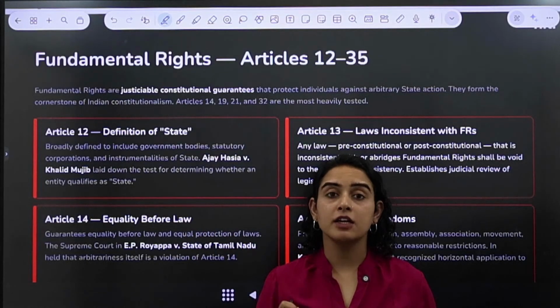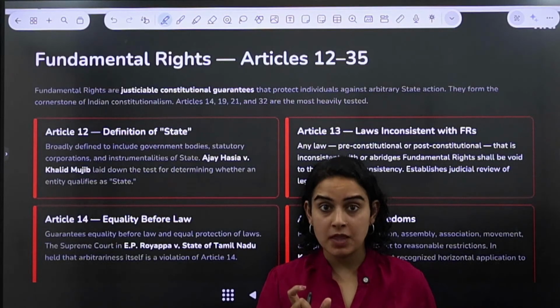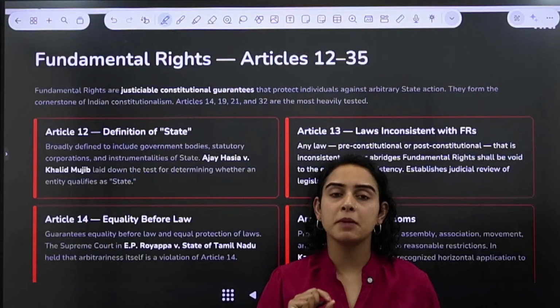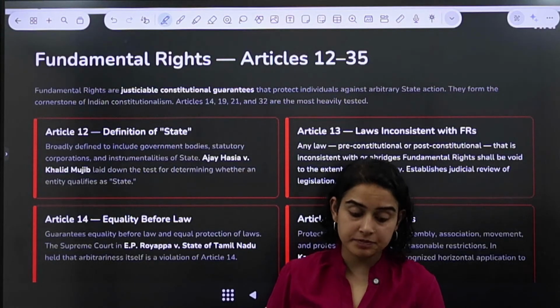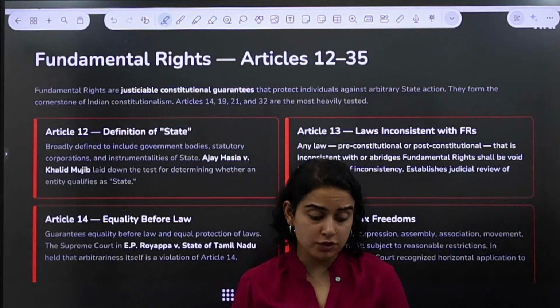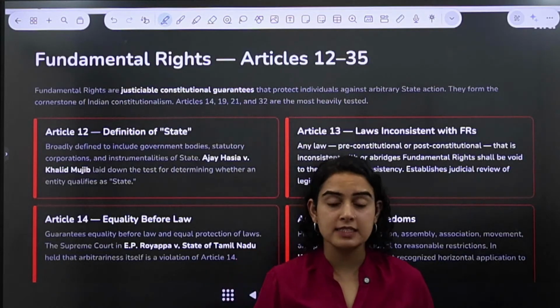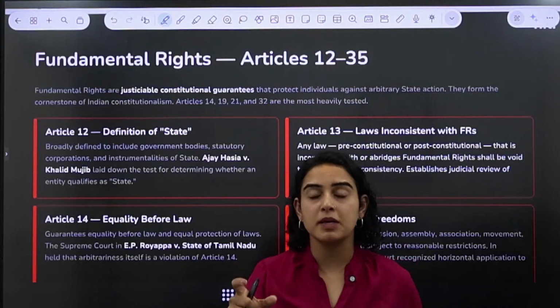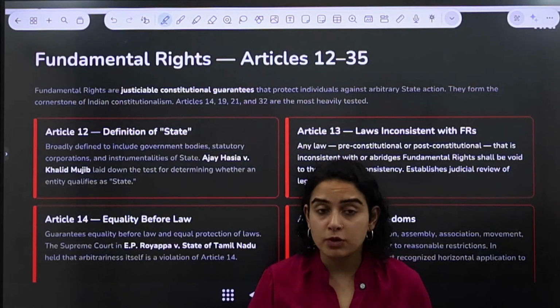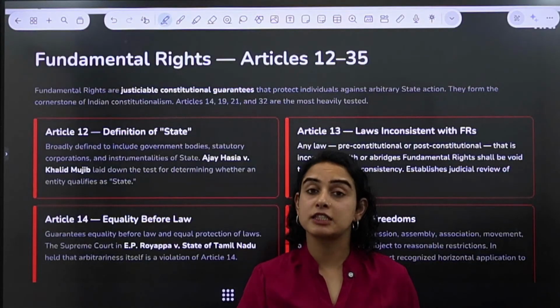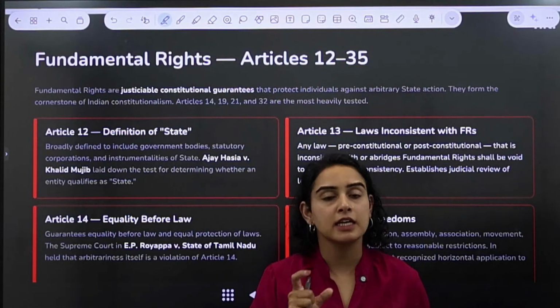Starting from Article 12, which defines the term state. You will find this word being mentioned a lot of times in the entire Part 3. First of all, what exactly is the meaning of the state? Because it is mentioned so many times in Part 3, the constitution makers have explained that term in detail in Article 12.